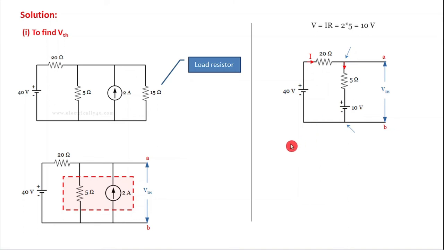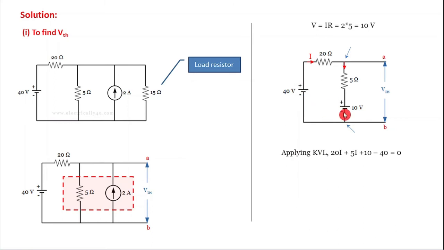Now apply KVL in this loop to find the value of current. So by applying KVL, here I is the current and 20 is the resistance. So 20I plus here the voltage drop is 5I. Here it is 10 plus 10 and here it is minus 40, because here the polarity is changed.